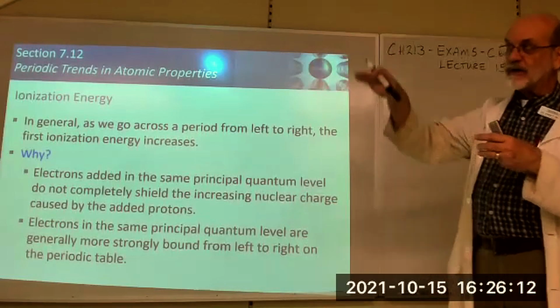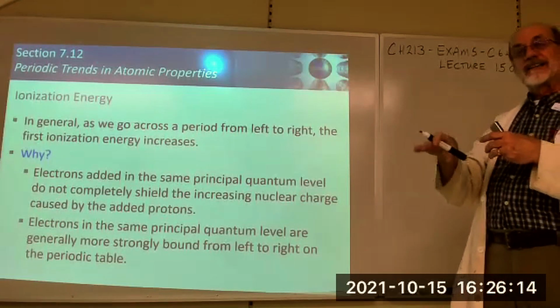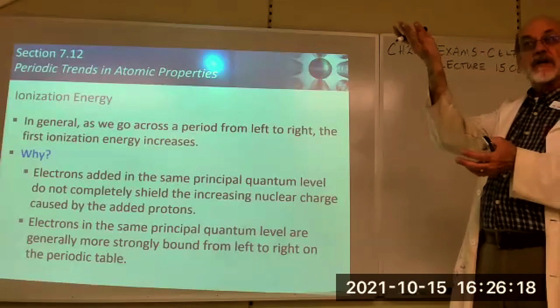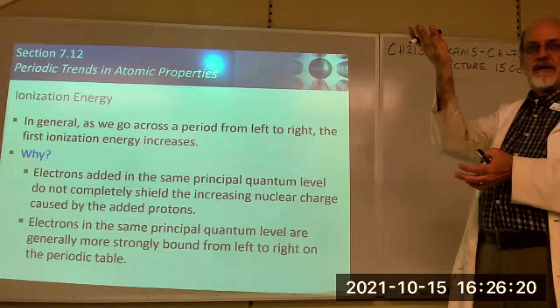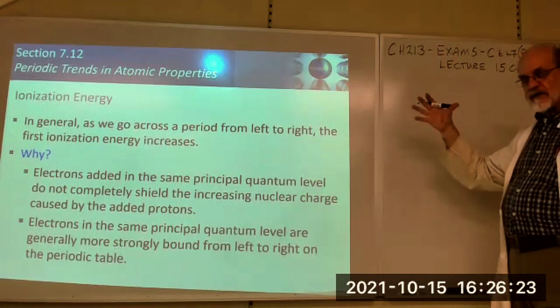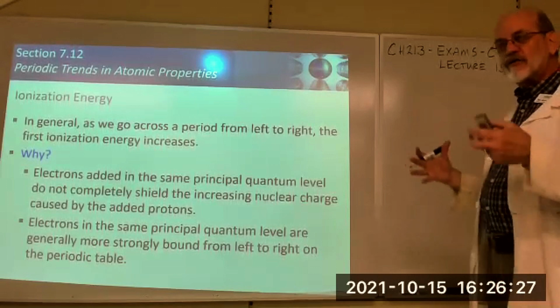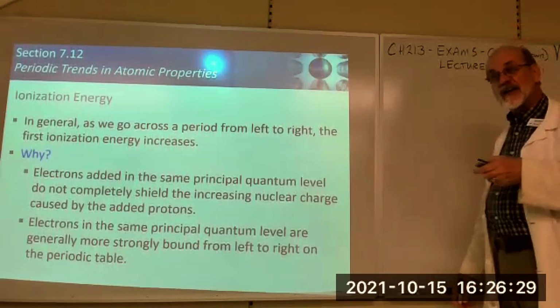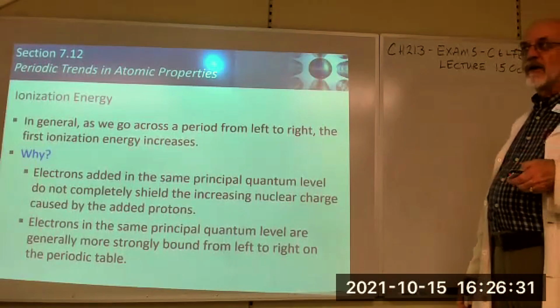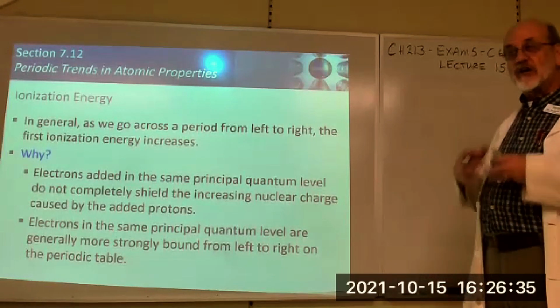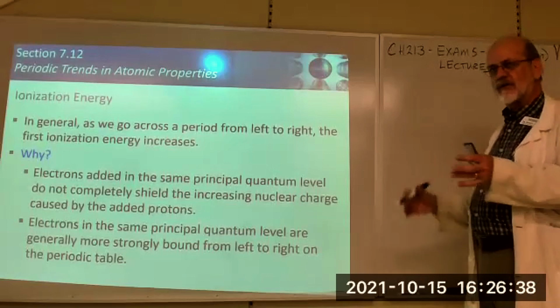So as you go down in a group, it takes less energy. Or vice versa, if you go up in a group, it takes more energy, because the energy level of the outer electron is closer to the nucleus. So combine those two. Ionization energy increases from lower left to upper right. As a general rule, right? These are all generalities.